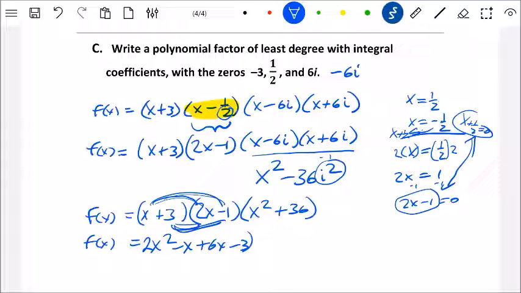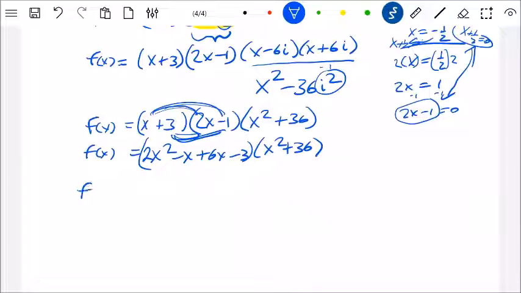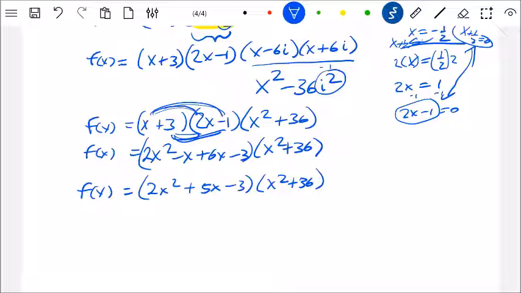Here I do minus 3. Let's put those together as a plus 5x. Check my negatives on there. And minus x plus 6, that's 5x. That looks right. And a minus 3, or negative 3. Good.